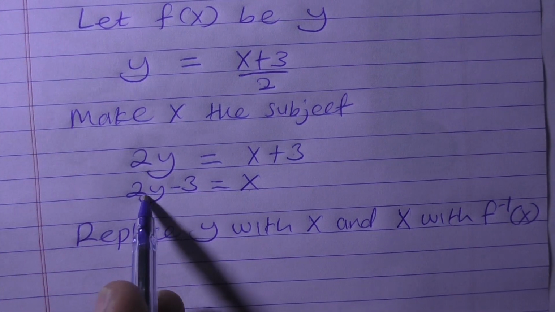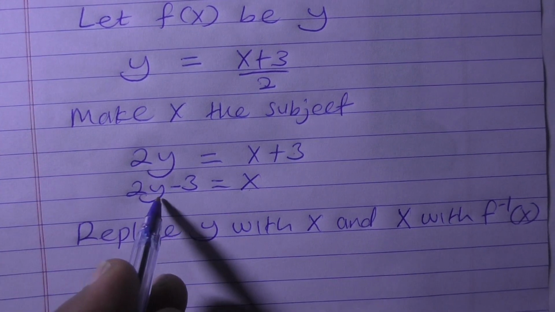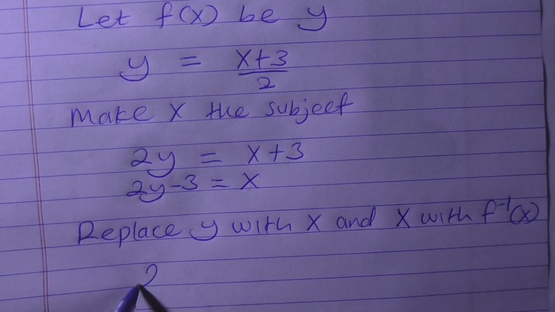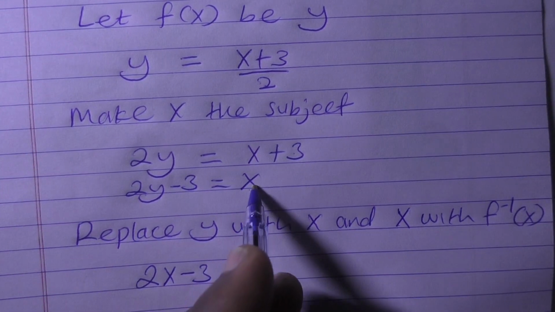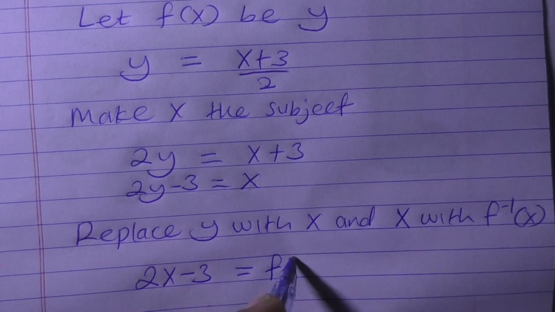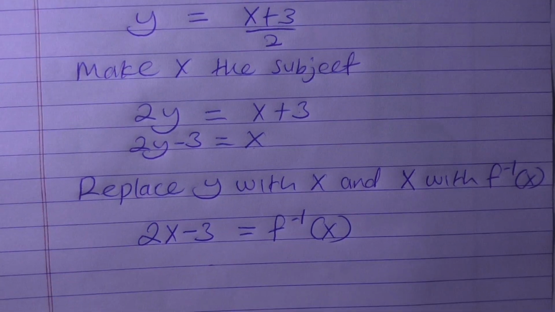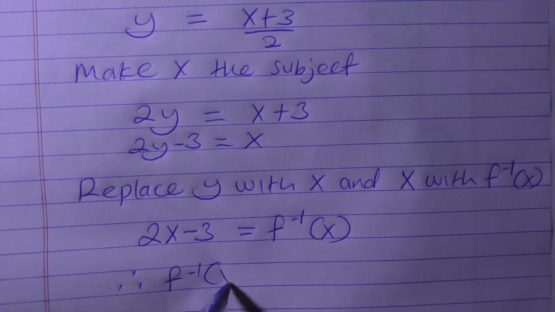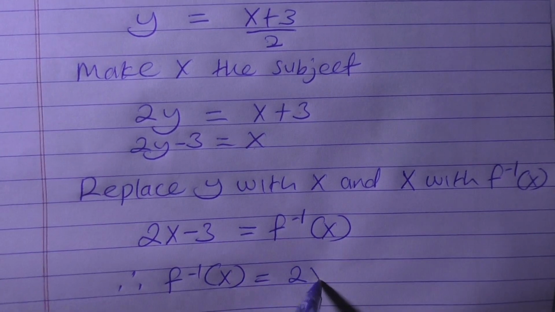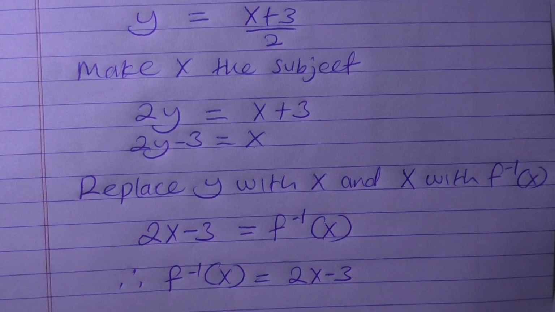So from here where there is y, we shall write x, that is 2x minus 3, and where there is x, we shall write the f inverse of x, and therefore that gives us the f inverse of x as 2x minus 3.